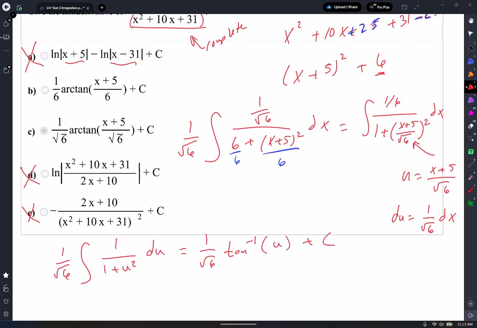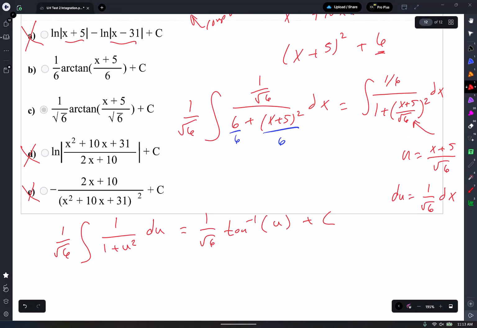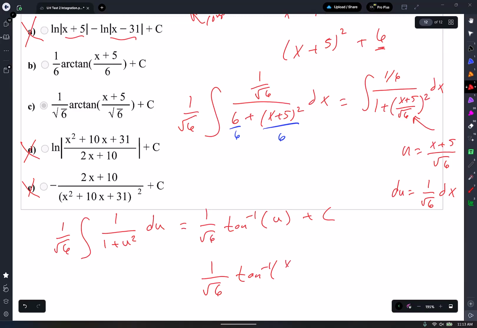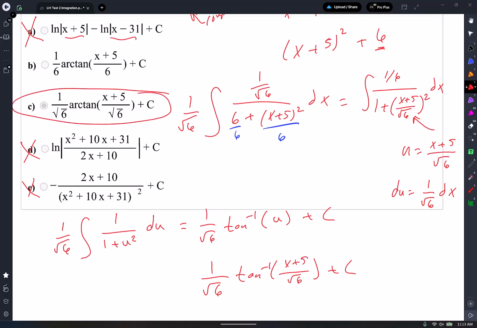And because this was not about u, because it has no limits, we go back to our x on this one. 1 over square root of 6 arctan of, what was my x? Oh, there it is. X plus 5 over square root of 6. And there it is, letter C. Good job, you got that one right. That was tough, guys, but if you can do that, I think we'll be in good shape.